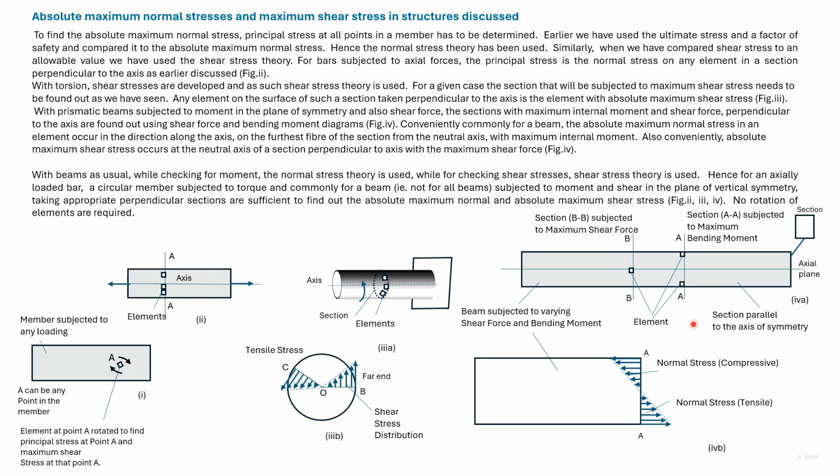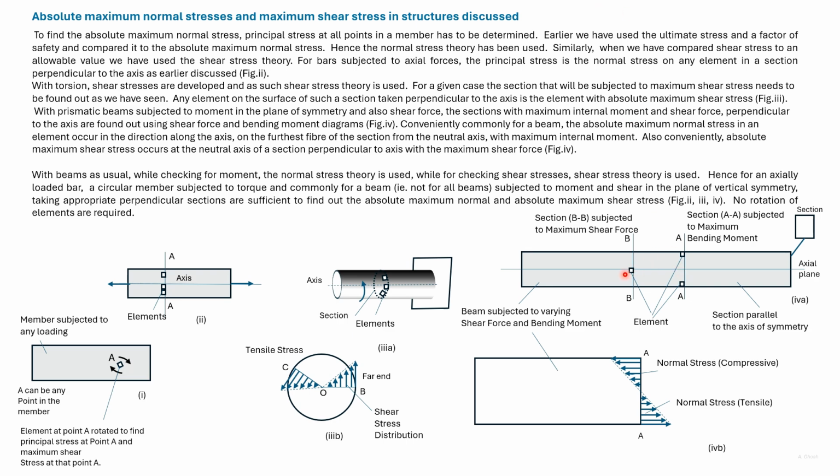AA would be subjected to the maximum normal stresses in the entire beam. And these two elements will be subjected to absolute maximum normal stress, compressive and tensile, in the entire beam.